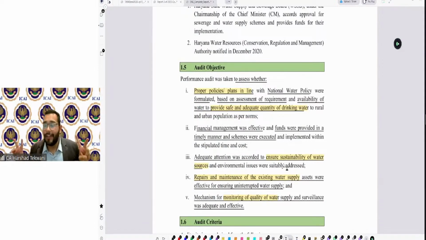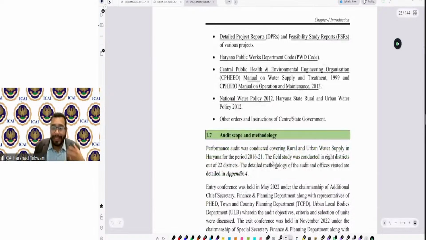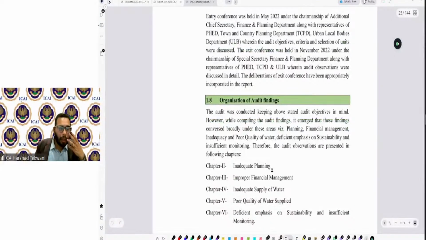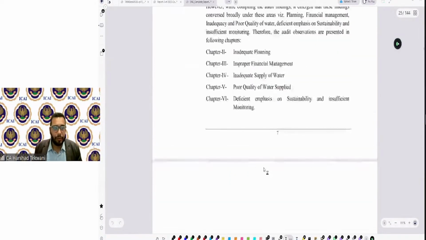How effective is this particular program? Whether it is actually providing safe and adequate quantity of drinking water. So that will be the effectiveness. And on the basis of that, I do the audit and I identify the observations.